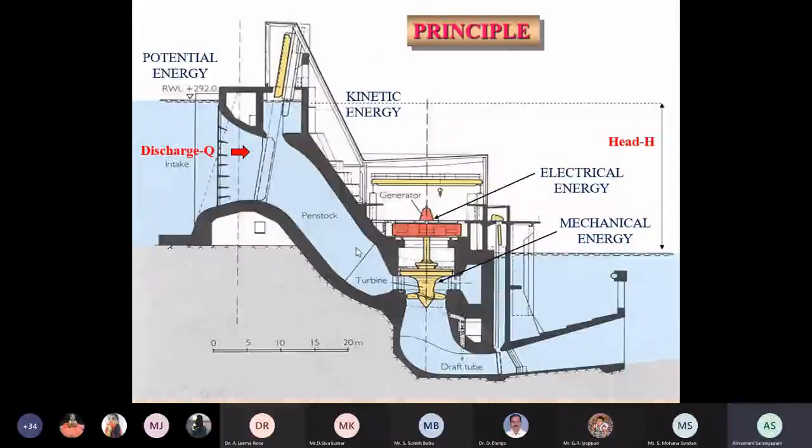This tunnel and channel will have a mild slope, where we will have a velocity of only around 2 to 3 meters per second. So there only concrete lining will be given in the tunnel, and where we want to increase the head, increase the fall, at that area we will provide this penstock pipe. That also we will see in detail below.